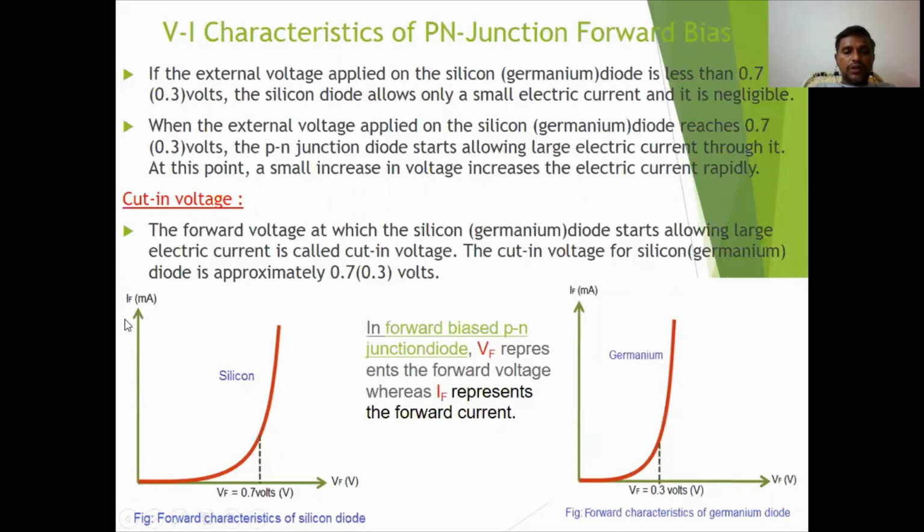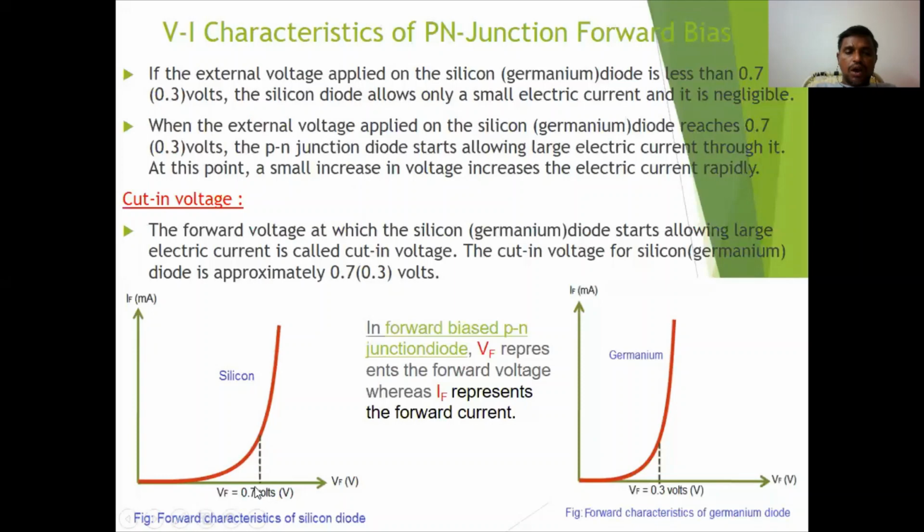IF is on the y-axis and VF is on the x-axis. That is, for a given forward voltage, we draw the graph of the current. Here, if I take silicon at this point, VF is equal to 0.7 volts. Before that there is only a small amount of current.